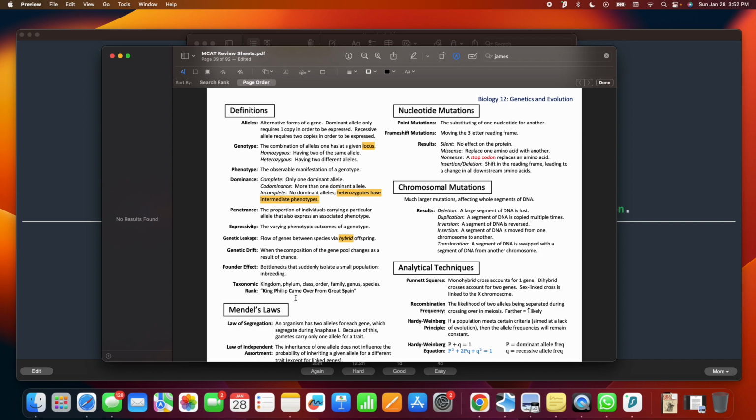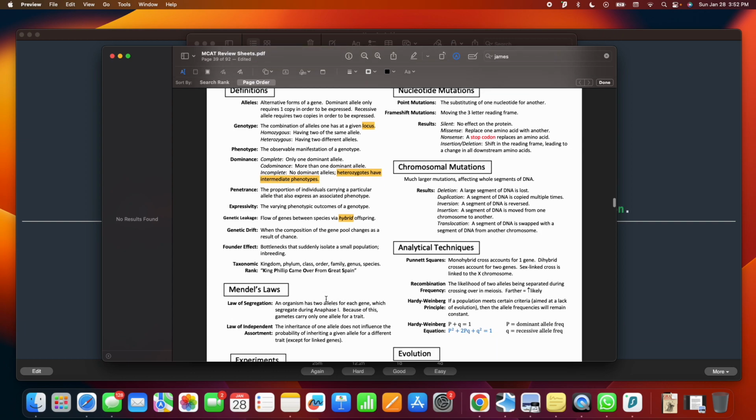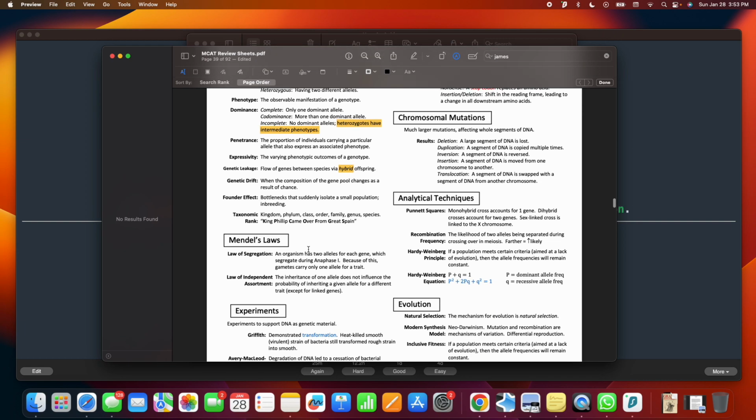Came is class, over is order, okay, order from family, right? Yes. Great Spain, G for genus, and Spain for species. That's good.